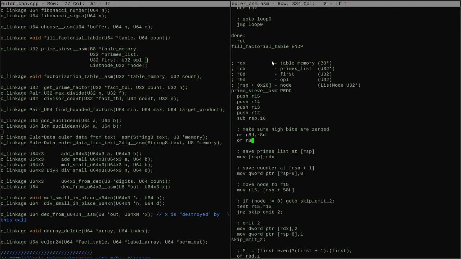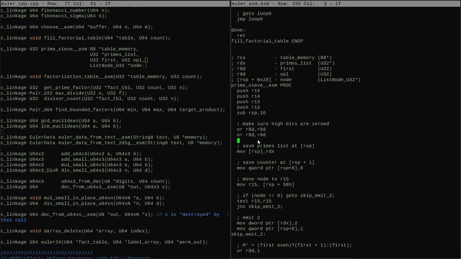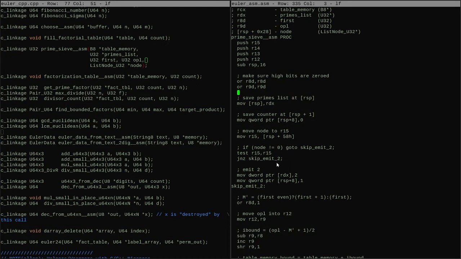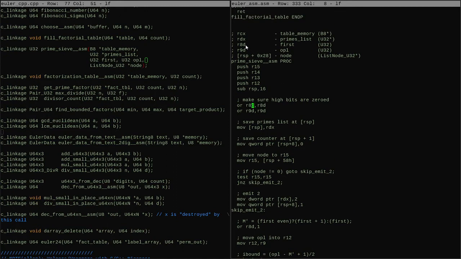So this should basically be a way to say I want to make sure that there are zeros in the high bits of these registers. And that's important because they're going to be passed to me as 32-bit integers.